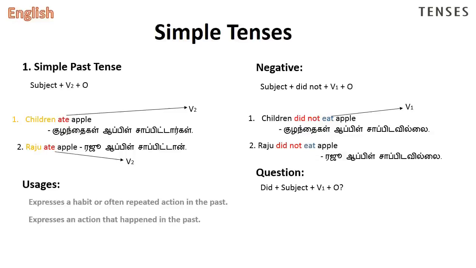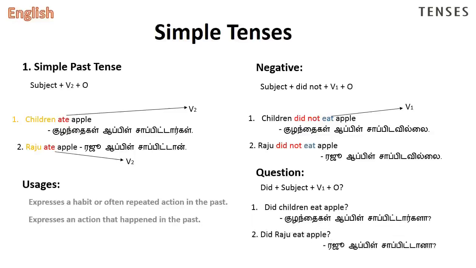Can you understand? Okay, let's move on to the next tense in simple tenses. That is, can you tell me simple future? Okay, simple future. Yeah, simple future tense. Here also we are going to see the formula and then usages and the negative formula and the question formula. Okay, shall we start now? Simple future tense formula.